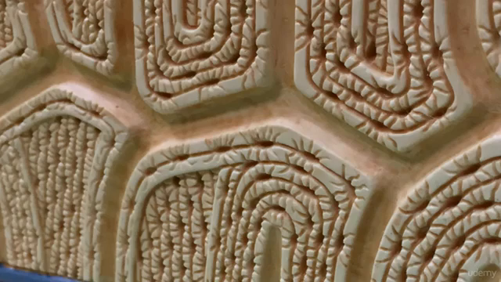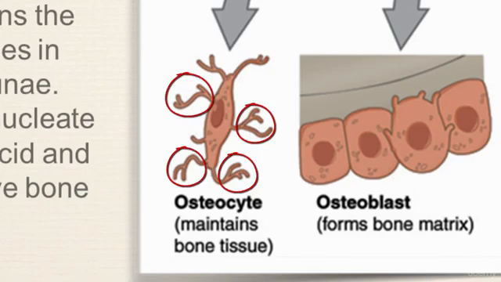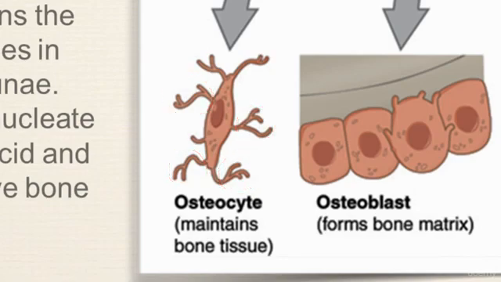Those little dished out areas were the lacunae, and it's the osteocytes that live in the lacunae. And if you remember the canaliculi, those little things that look like the legs coming off, as you can see on this osteocyte, it has little projections or appendages that go off into those canaliculi.